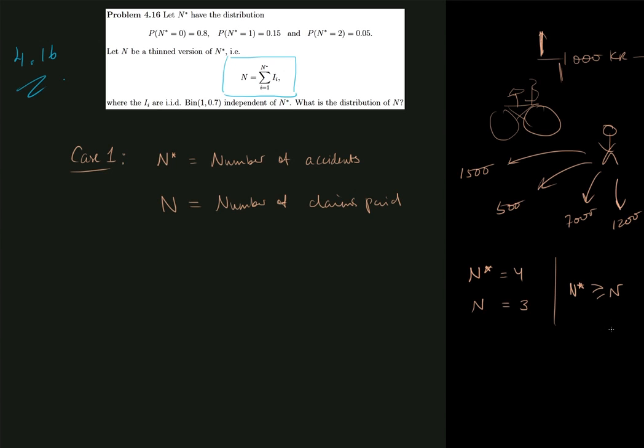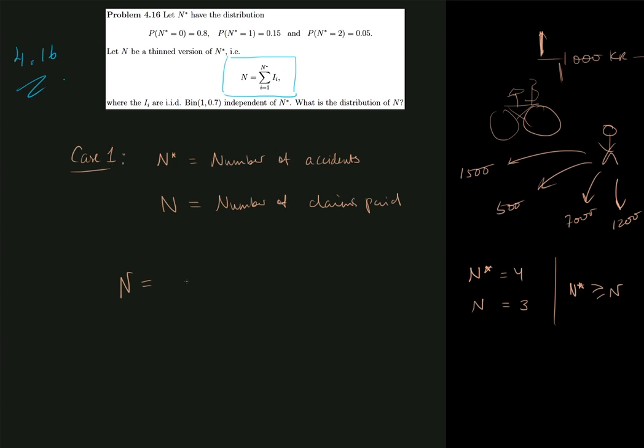Now, why do we call N the thinned version of N star? Well, let us just write this up using this notation.